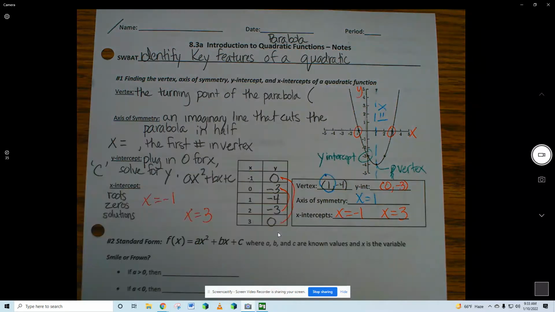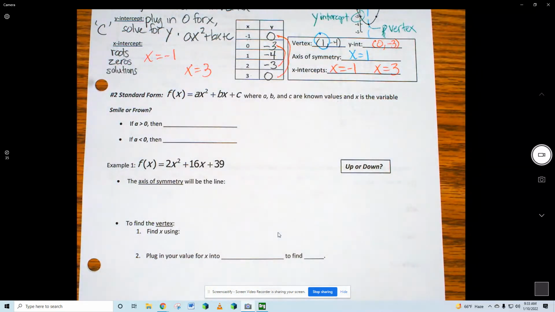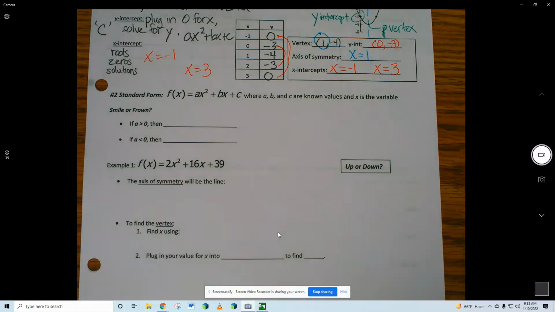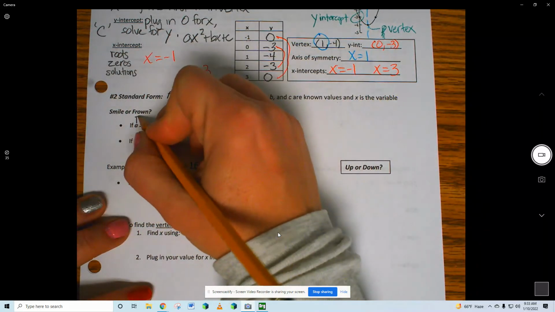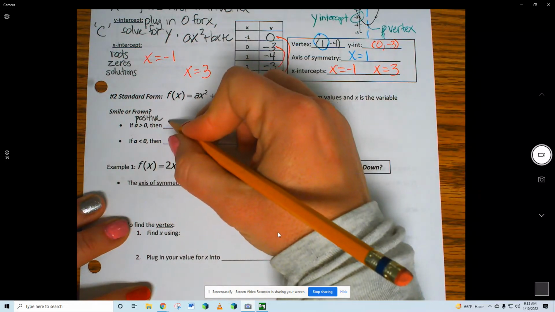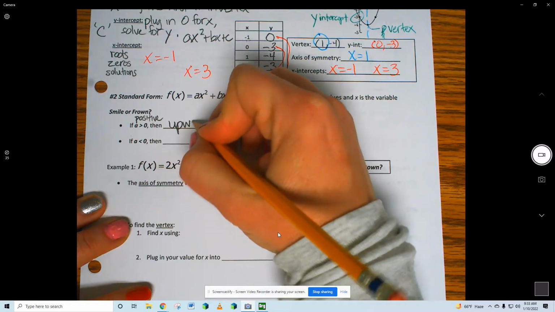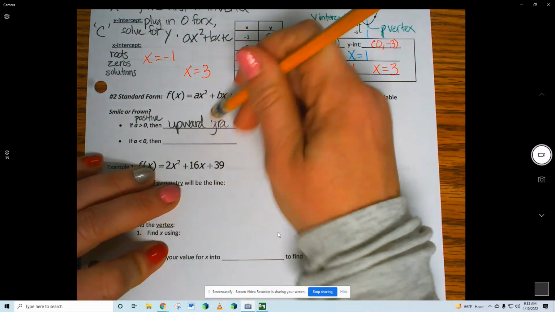Let's go to number 2. Standard form: ax squared plus bx plus c. If a is greater than 0, positive, then it's an upward graph, or upward parabola. Let's use the vocab words.